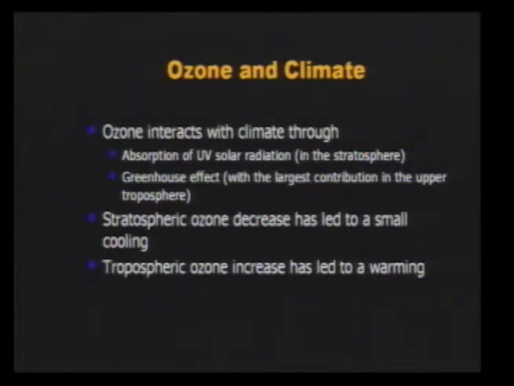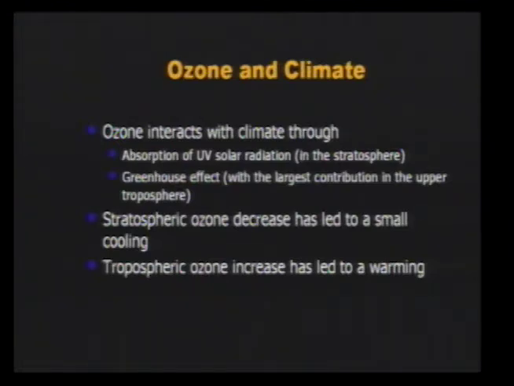Now a word about ozone and climate. Ozone interacts with climate, first of all, because it absorbs solar ultraviolet radiation, mostly in the stratosphere. So the major heating mechanism in the stratosphere is associated with ozone.